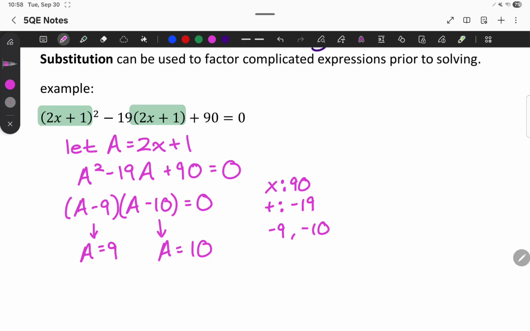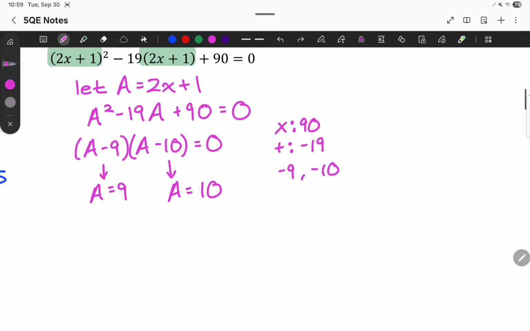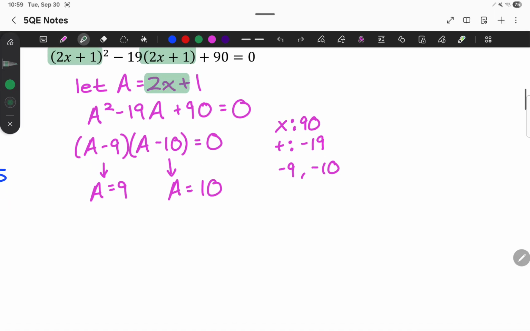Now with this method, there is one extra step to keep in mind, and that is we were actually trying to solve for x, not A. So we need to do one extra step. If we know that A is equal to 9, but A is also 2x plus 1, we can set 2x plus 1 equals 9.